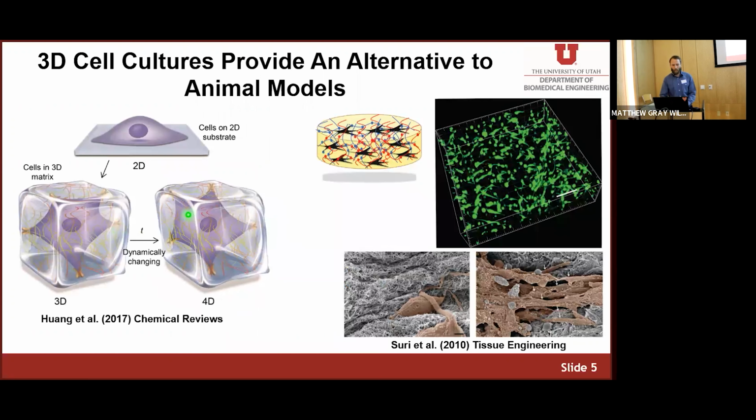And just looking at an example of this, a group developed a collagen and hyaluronic acid-based hydrogel. You can see a cartoon representation of it here, and they've encapsulated Schwann cells within there, as you can see in this top picture. And then you can see a little bit better down here how those cells are interacting with the extracellular matrix from the scanning electron micrograph.